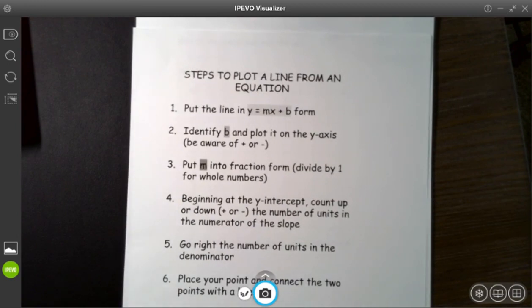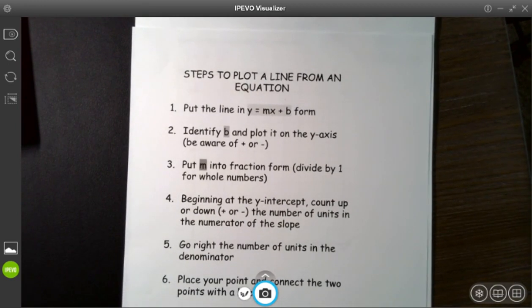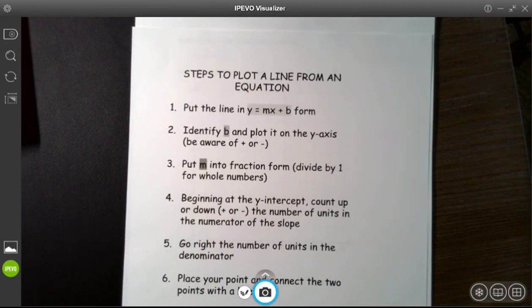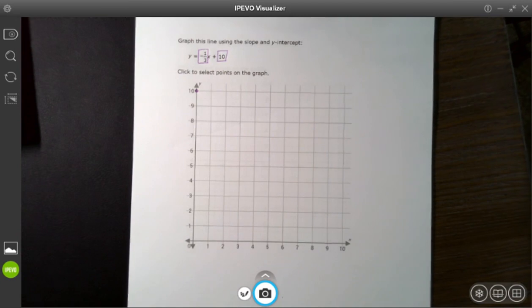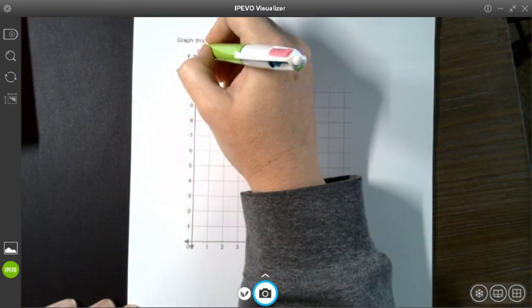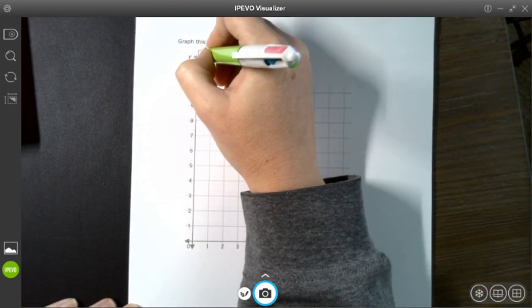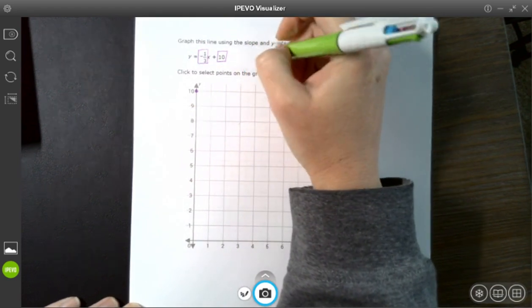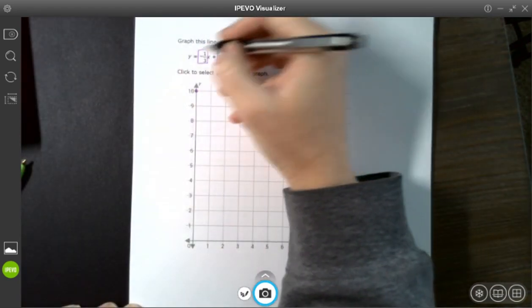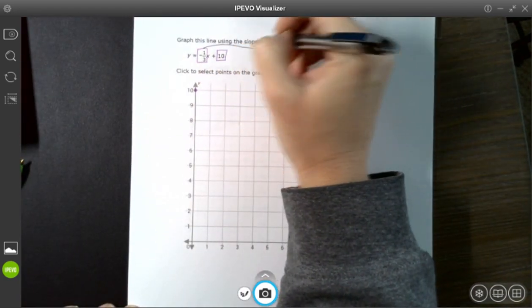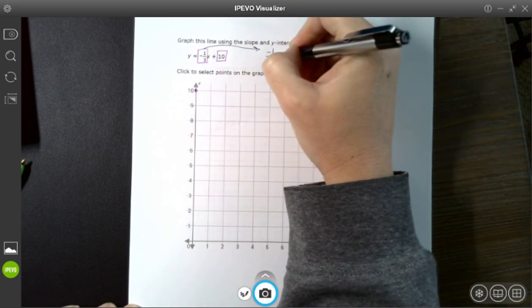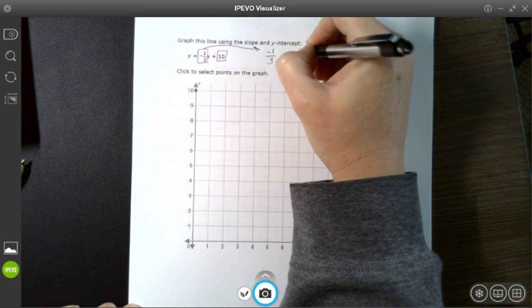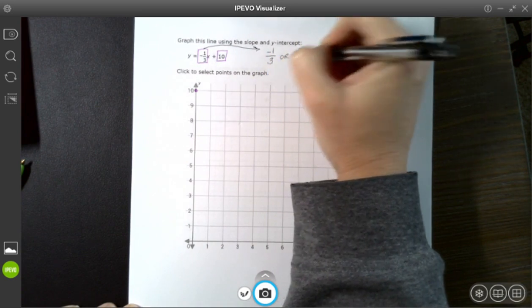Step 4, beginning at the y-intercept, count up or down the number of units in the numerator of the slope. I'm going to say that my numerator is -1. There's 2 ways to write that. -1 over +3 or 1 over -3.